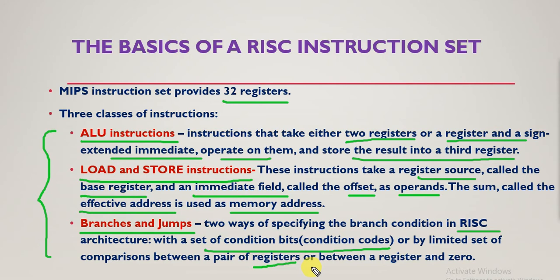Register A is compared with register B, or a register is compared with 0, for example whether the register has a value greater than 0 or less than 0. In all these categories we can have a condition comparison, and accordingly a branch or jump operation, that is, movement from one address to another memory address.